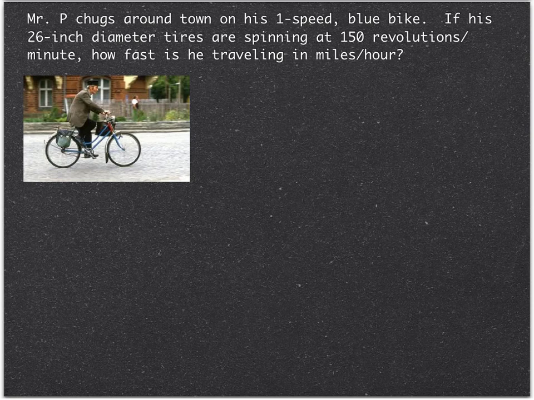All right, so this is a bit of a tricky problem, but let's see if we can wade through here and see what we can get. So I know I'm going 150 revolutions in a minute, right? And I know that in every revolution there are 2 pi radians in one revolution, right?